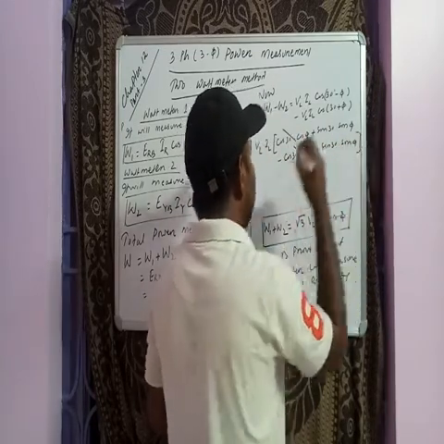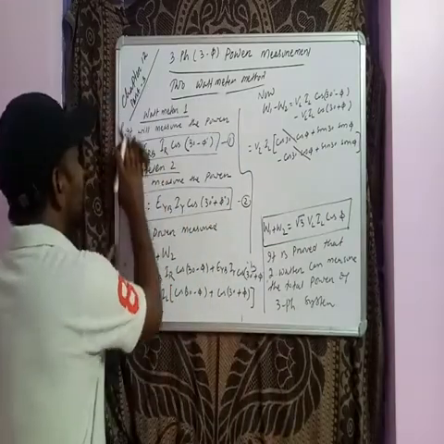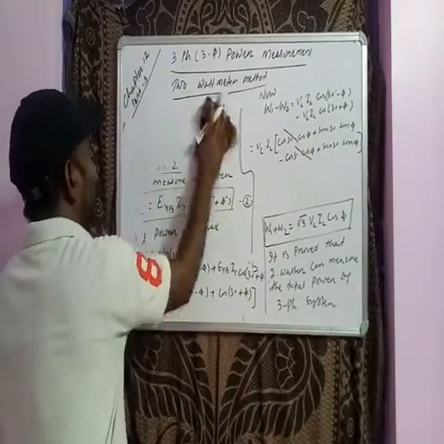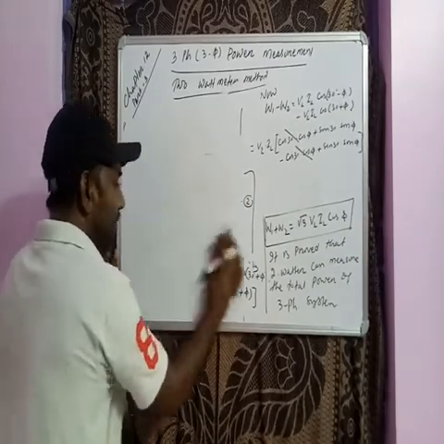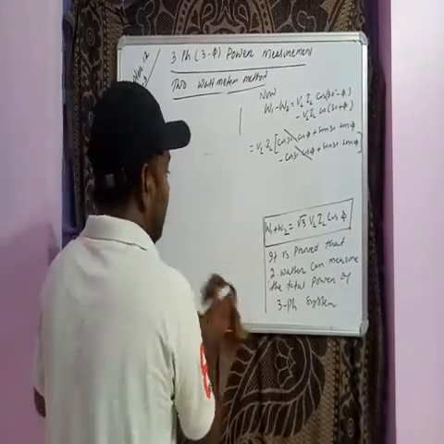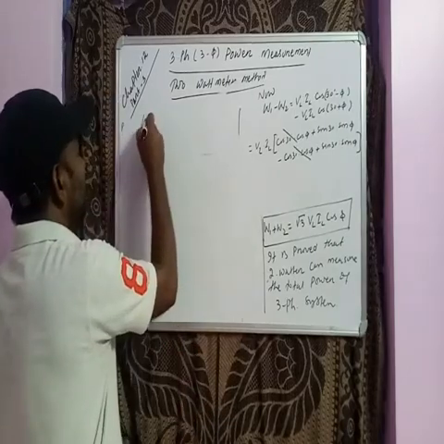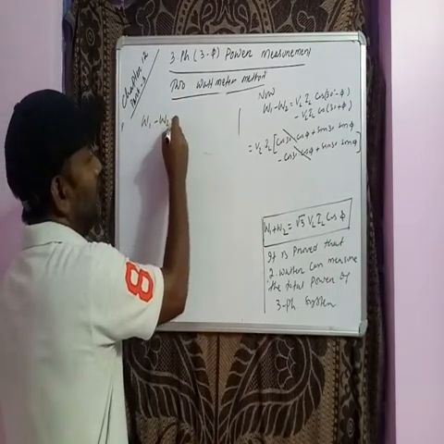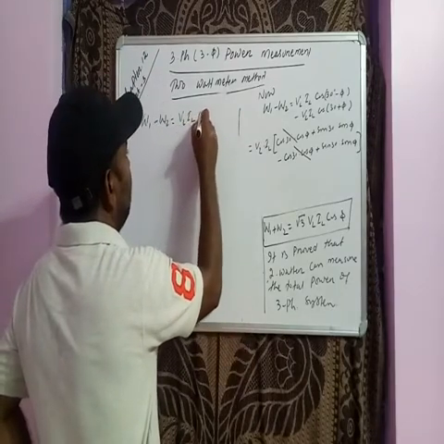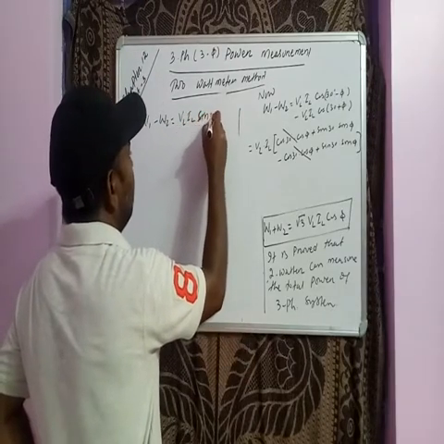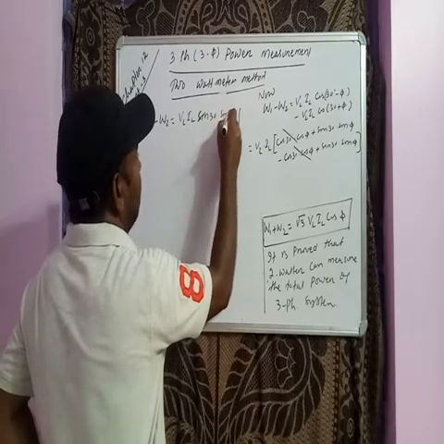Now here this will be cancelled. So we were going for W1 minus W2. What are we getting? W1 minus W2 becomes VL IL sin 30 into sin phi.